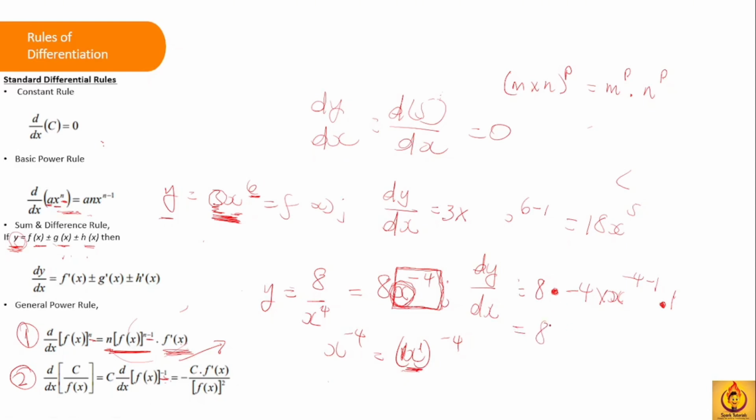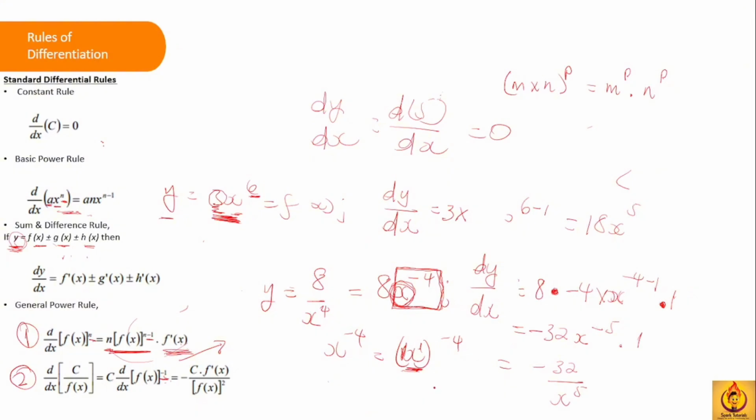Okay, let's just multiply it. 8 multiplied by 4, it's 24. No, it's 32. Sorry, it's 32, right? So minus 32x to the power minus 4 minus 1. That's going to be minus 5 multiplied by 1, which will then be negative 32 divided by x to the power 5.